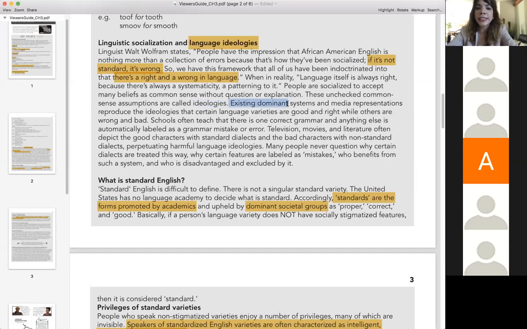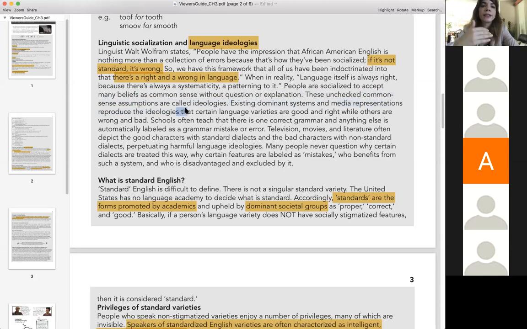So existing dominant systems and media representations reproduce these ideologies of what is desirable and what is less desirable. So if we say that standard English, the representation of our language, is the most beautiful one, you know, then we have media, como the news, movies, whatever, they reproduce these ideologies.